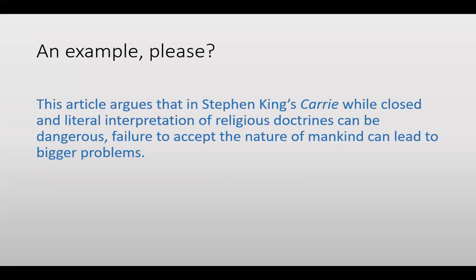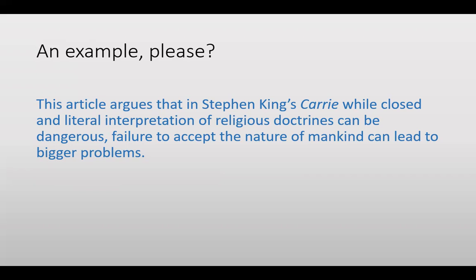Now, let me give you an example like usual. This is an argument that I drafted based on my reading and interpretation of Stephen King's Carrie. Carrie is a novel by Stephen King, which is very famous, okay?